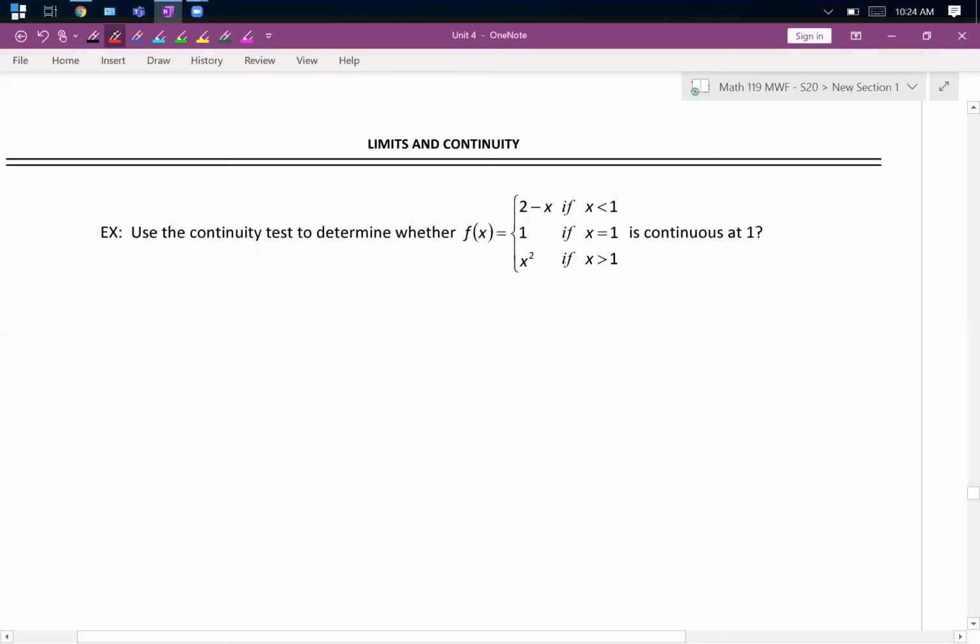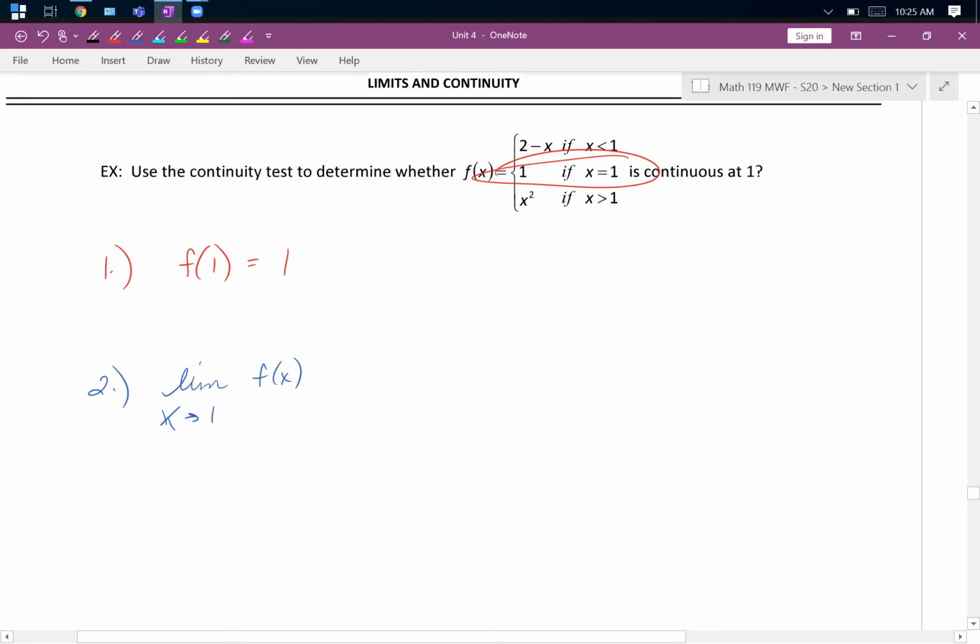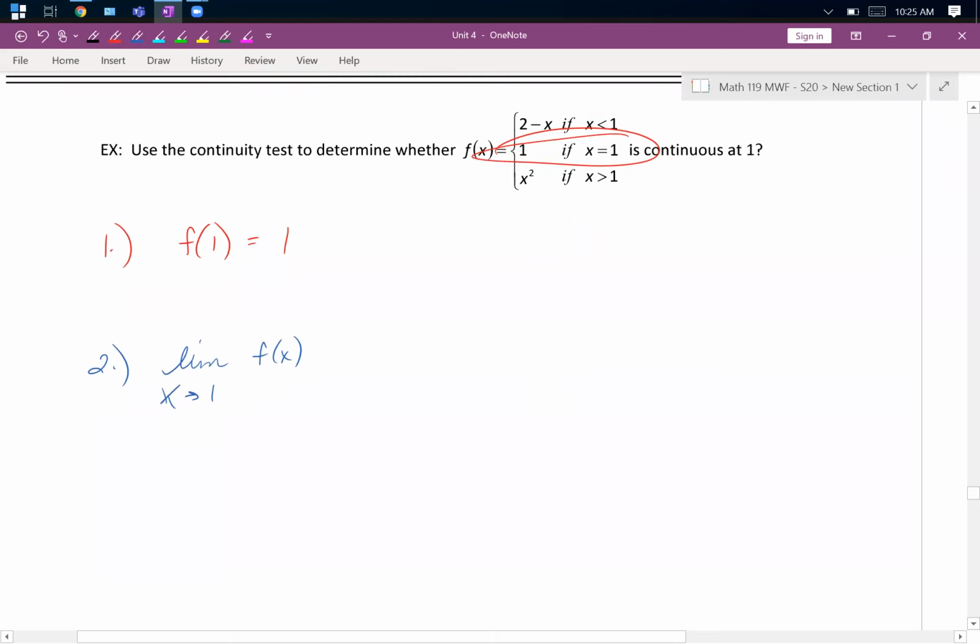Here we go. So the first thing was we wanted to see if f of 1 existed. f of 1 is equal to exactly 1. Second, we wanted to look for the limit as x approaches 1. We had to do both the left and right side limit, and you got 1 for both. So we got that the limit was equal to 1.